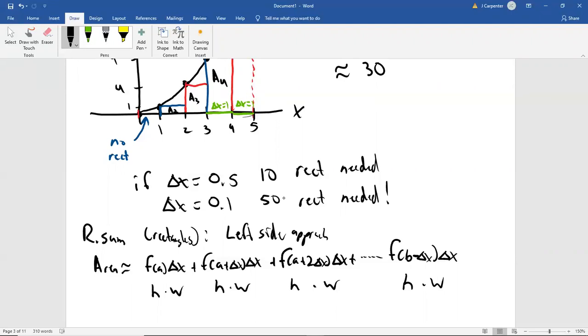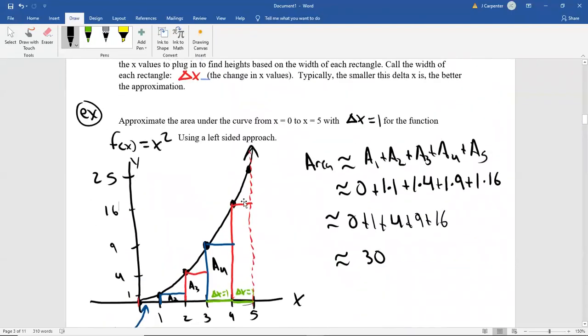Oh, I know what I want to do: the right side approach. So we did the left side approach. Now let's do the right side approach.